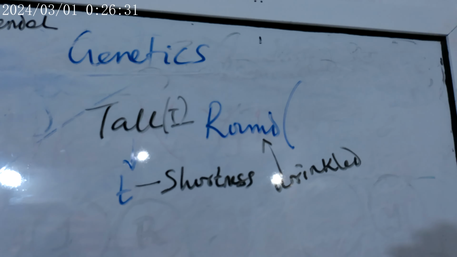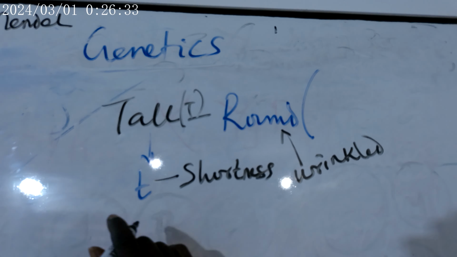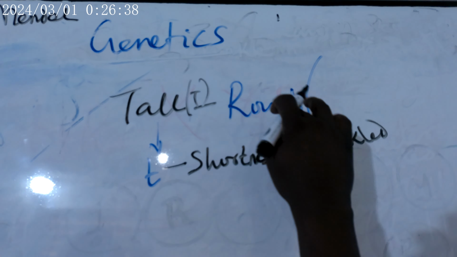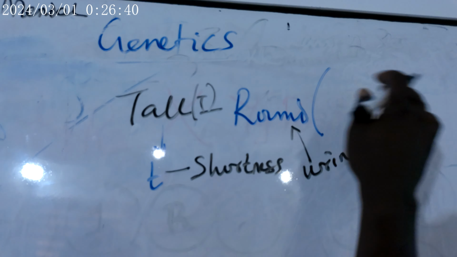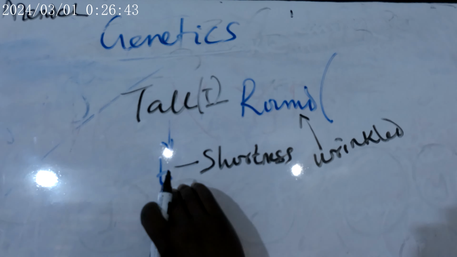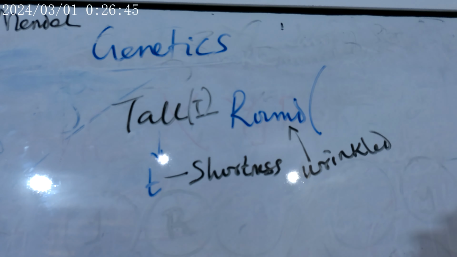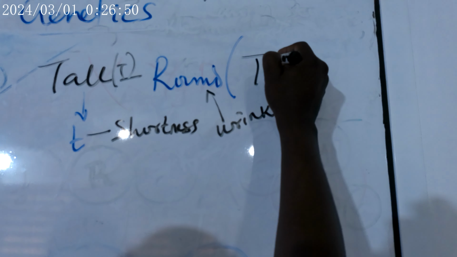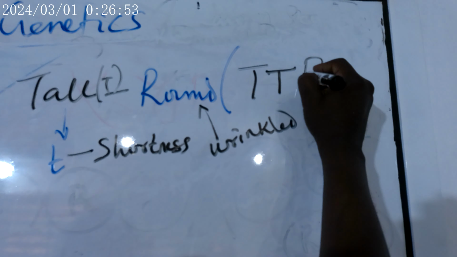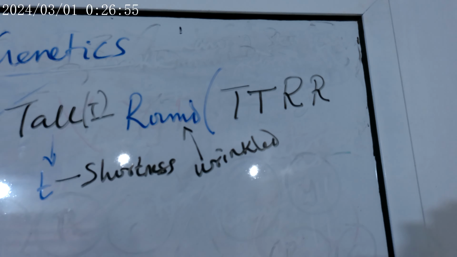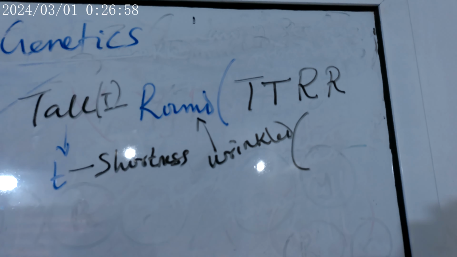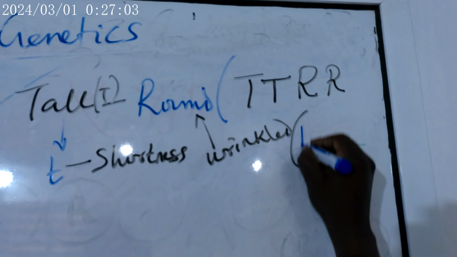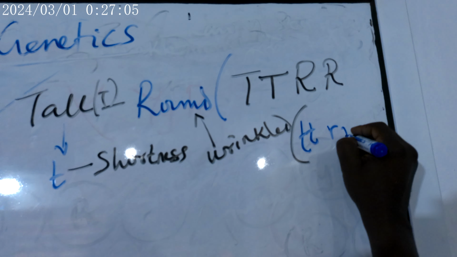So let's now imagine a situation whereby you have a tall round seeded plant, when you are crossing it with a short wrinkled seeded. So this is going to give us capital letter T, and capital letter R and capital letter R. Whereas the two alleles for this one is going to be small letter t and a small letter r.